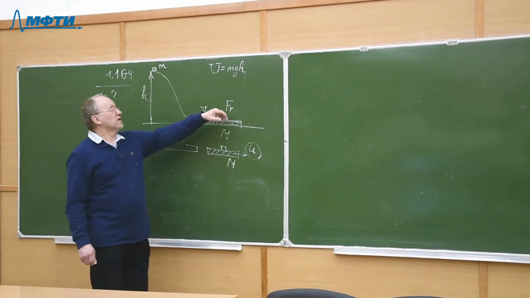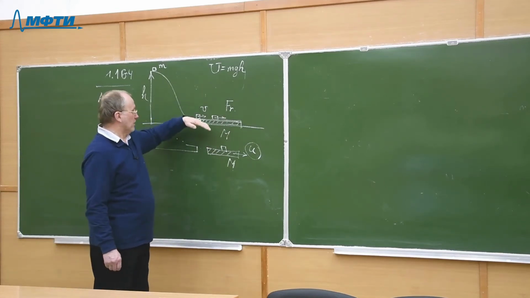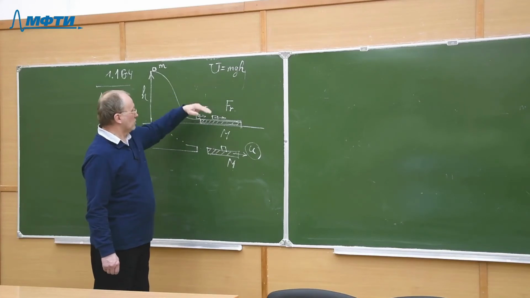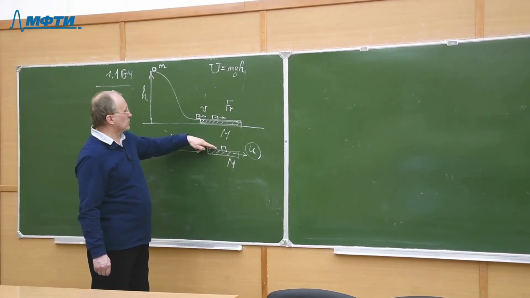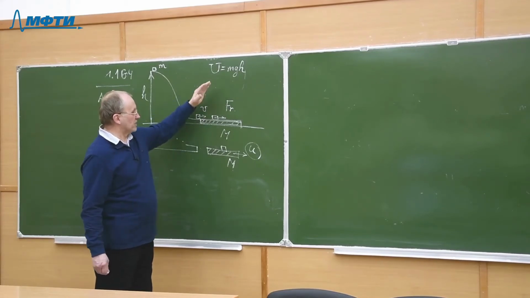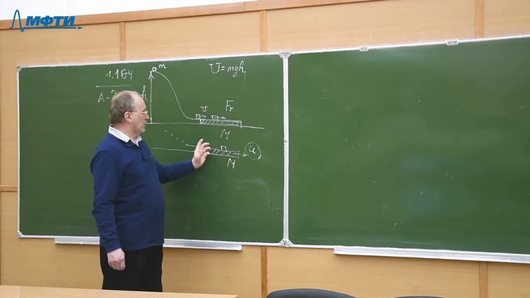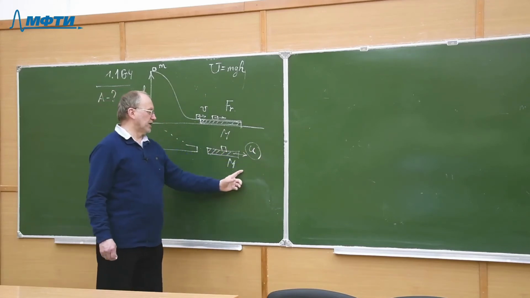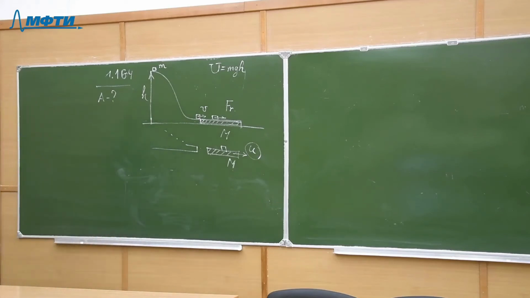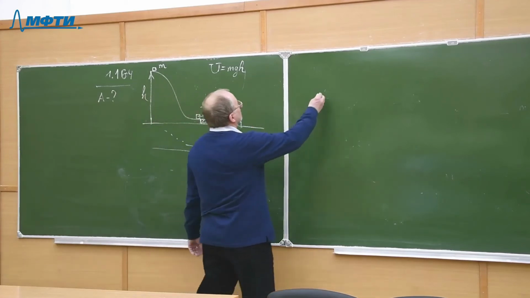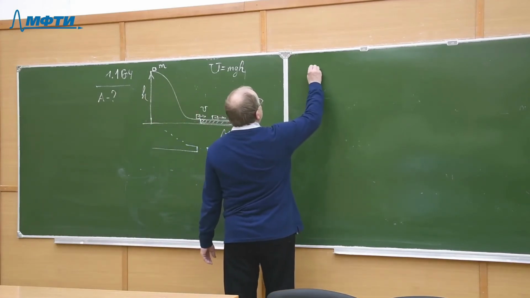So some part of this energy will be spent on the work against forces of friction, and another part of the same potential energy will be finally transferred into a kinetic energy of the whole system. So the energy relationship must be something like that.